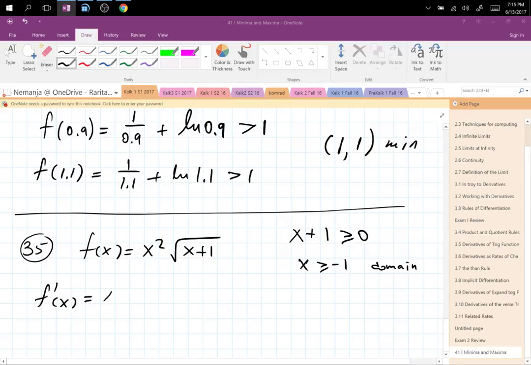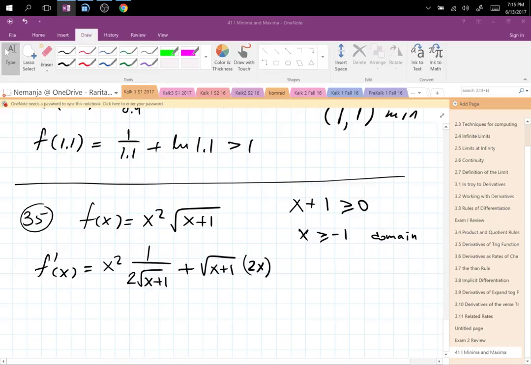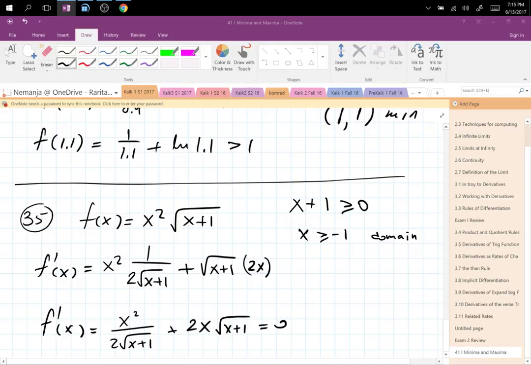Copy the first times the derivative of the second, plus copy the second times the derivative of the first. I'm going to simplify this and then set it equal to 0. This is x squared over 2 square root of x plus 1. Actually, nothing to simplify here.